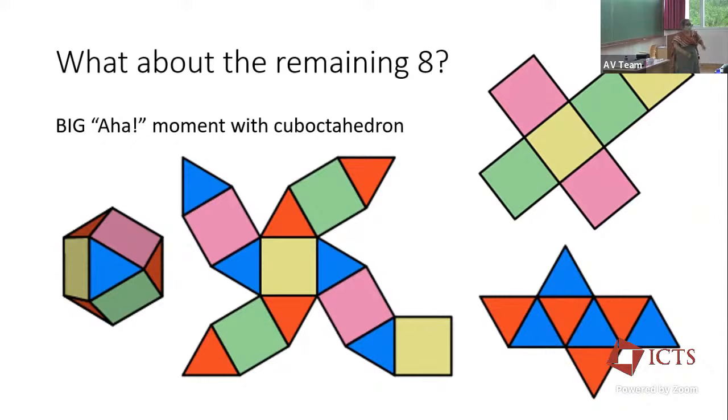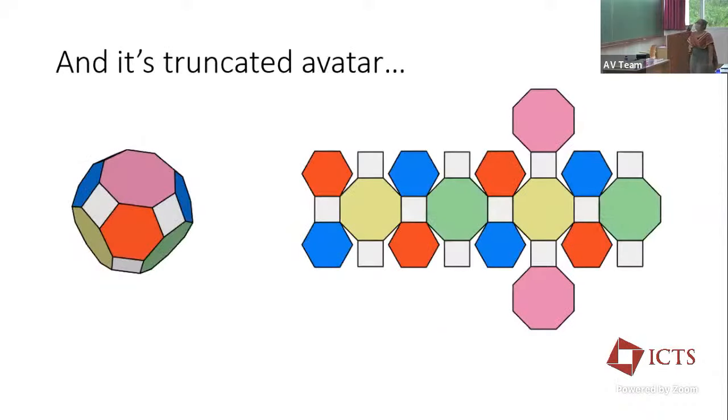Physically, you can do it with these. They can be taken apart and put together again. So this was like, huh? So then what happened is, if you truncate this one, then you get that.